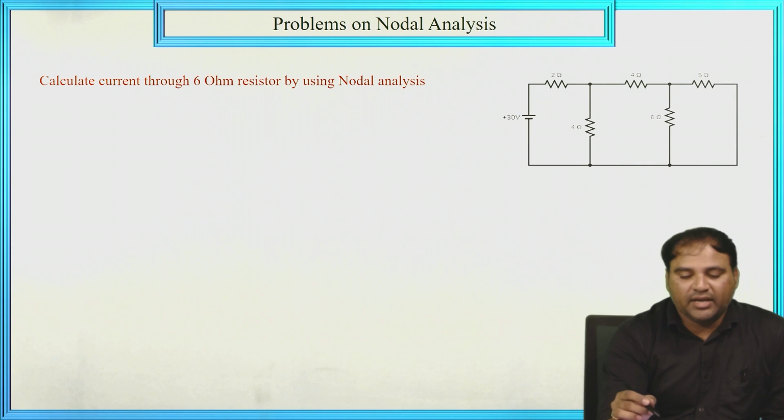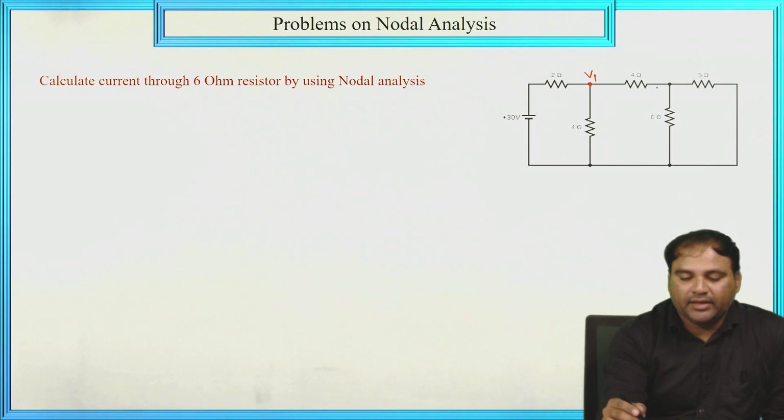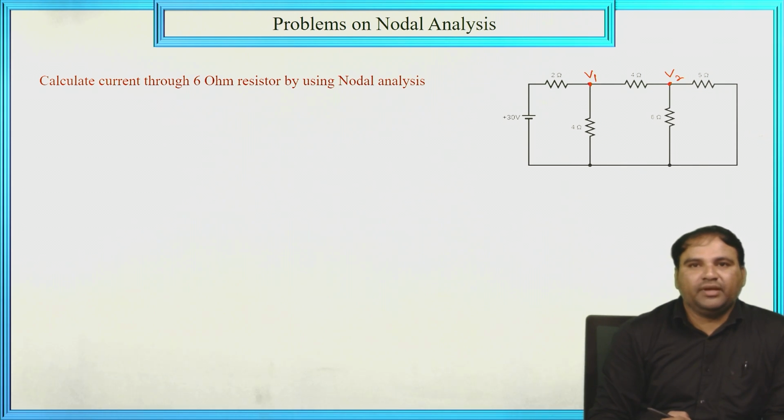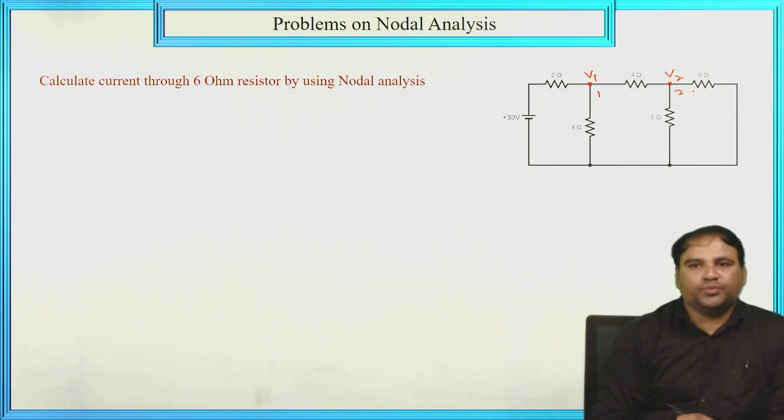The first node, in between the 2 ohm, 4 ohm and 4 ohm, I am taking as V1, and in between the 4 ohm, 6 ohm and 5 ohm we have another node, which I am taking as V2. The first node I am representing as 1 and the second as 2.